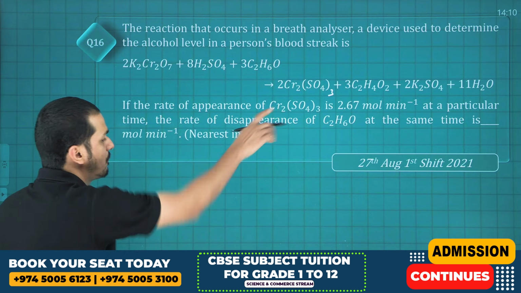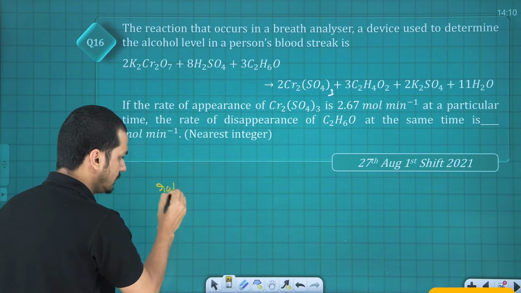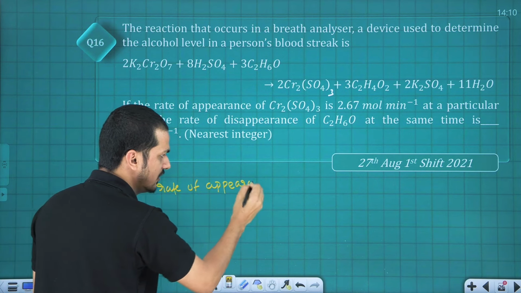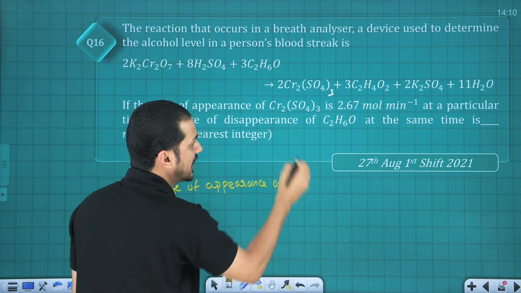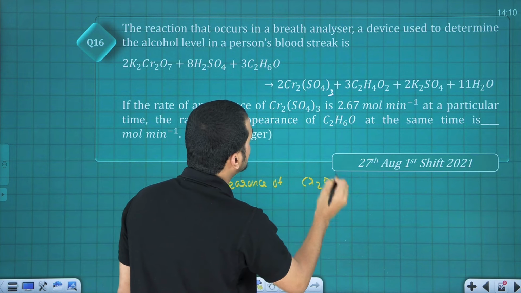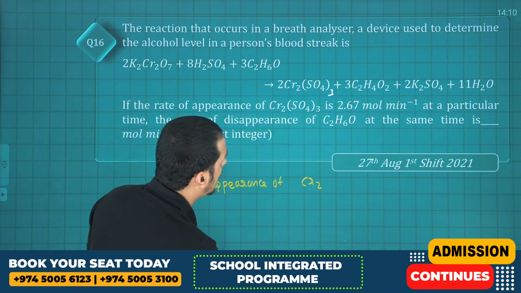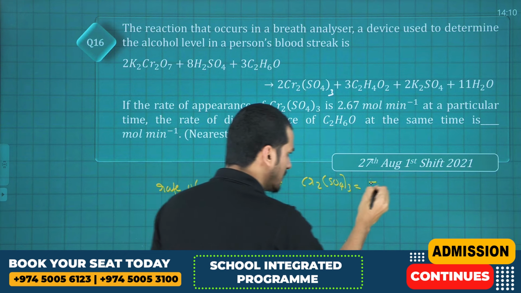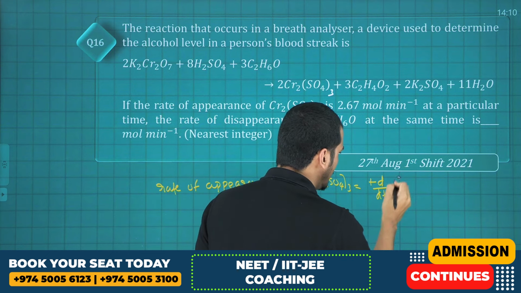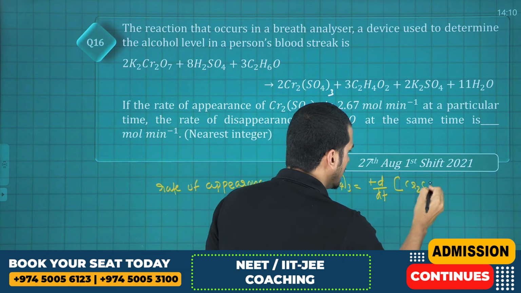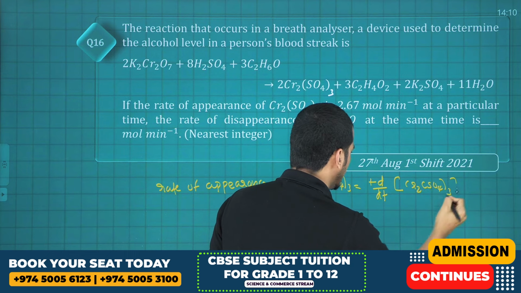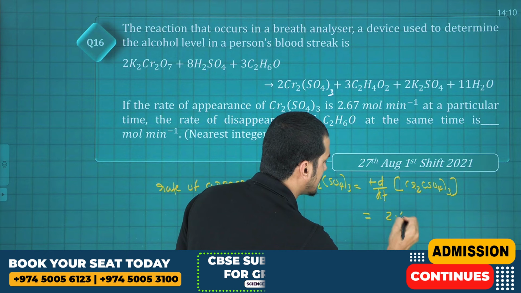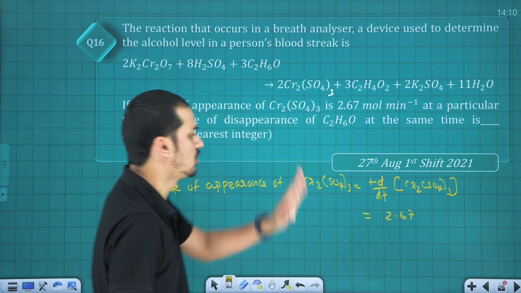So what is the rate of appearance? Rate of appearance of Cr2(SO4)3 is equal to plus d by dt of Cr2(SO4)3. That value they have given: plus 2.67. The rate of appearance is 2.67.